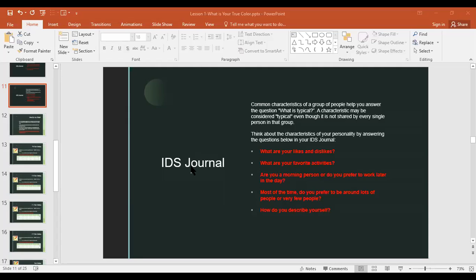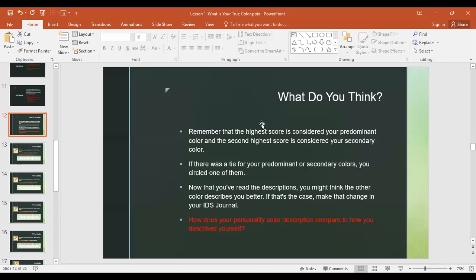I hope that most of you were able to answer that question for yourselves, because next, I want you to take a look at your predominant color. Remember your predominant and your second highest, that's your secondary color. Look at the descriptions of your predominant color, and if you matched up, then also look at your secondary color.